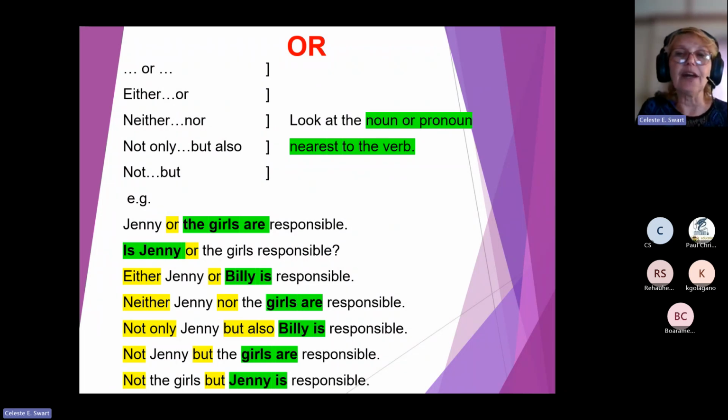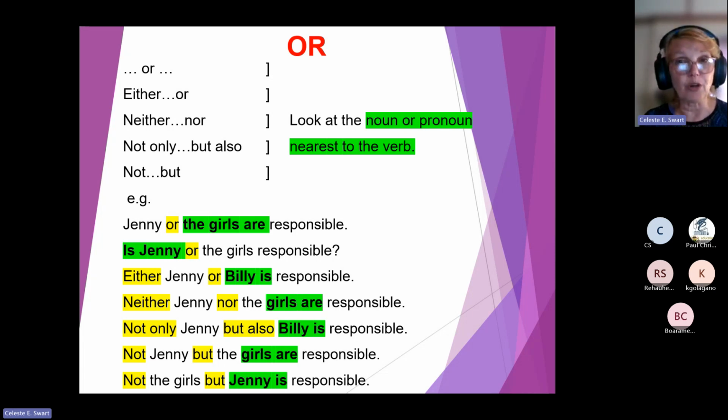Now, when you get this, you have to look at the noun or the pronoun nearest to the verb. Okay, remember that, nearest the verb. So you get things like "Jenny or the girls are responsible." And why is it the word "are" and not "is"? For the simple reason you're looking at the noun or pronoun nearest to the verb. And that is why you have it like that.